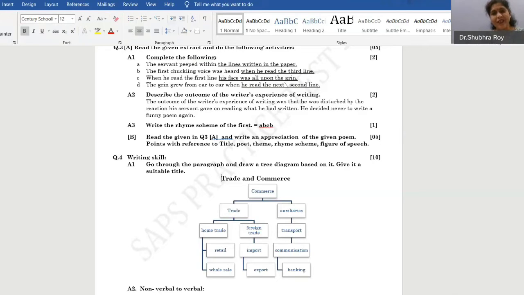So you just write the servant peeped within the lines written in the paper. The first chuckling voice was heard when he read the 3rd line. When he read the first line, the answer is his face was all upon the grin. And the last one is the grin grew from ear to ear when he read the next line, or the second line. Whichever you write is correct.